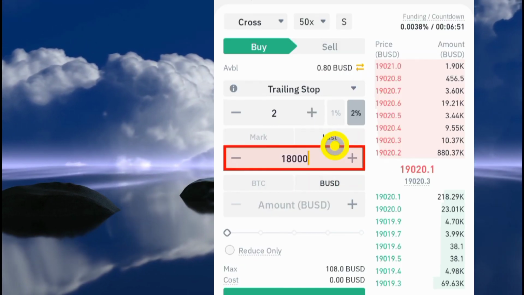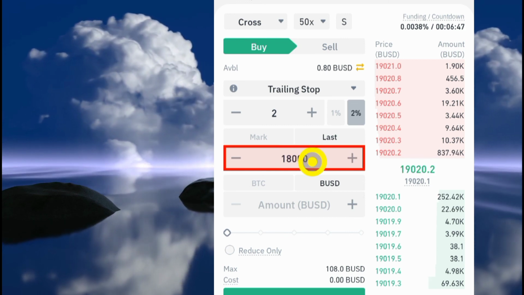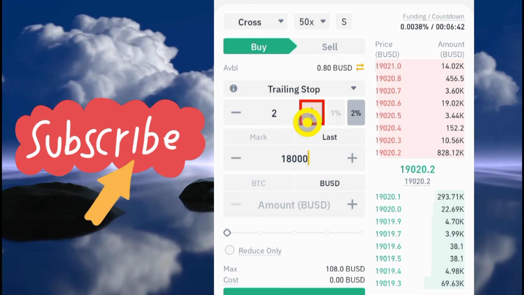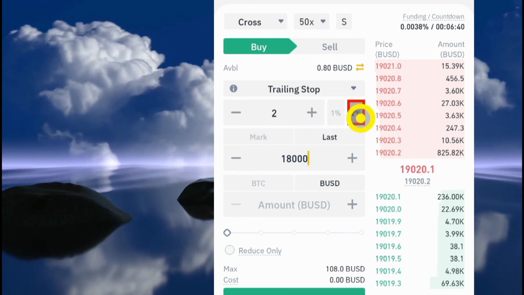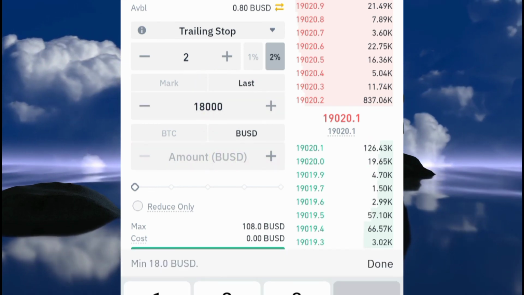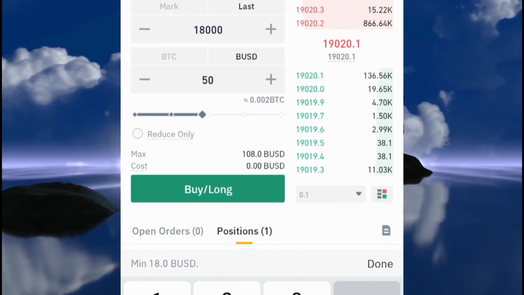So if the price of Bitcoin starts falling down to 18,000 and suddenly decides to go up, this 2% trailing stop would execute the moment the price goes up by 2%. So you would also put the quantity of Bitcoin you want to buy. You would put that here. So let's click on the buy button.